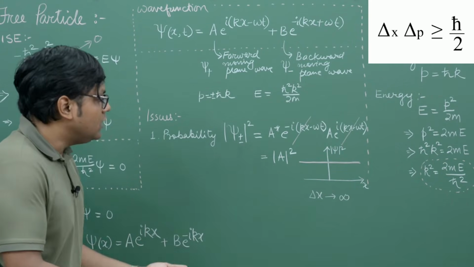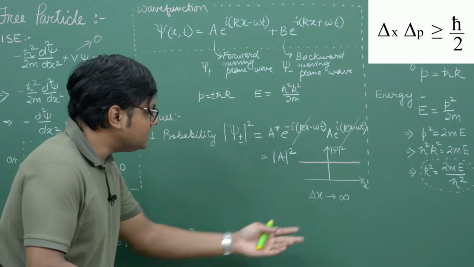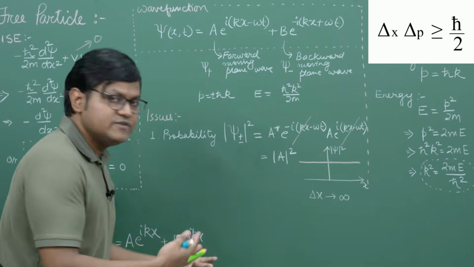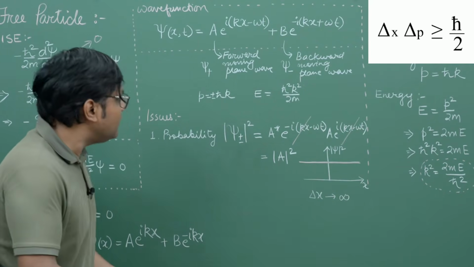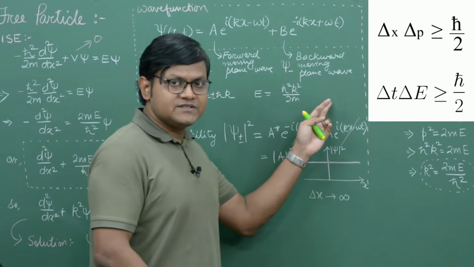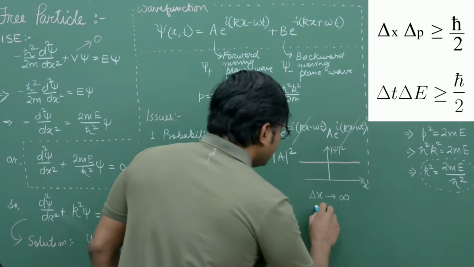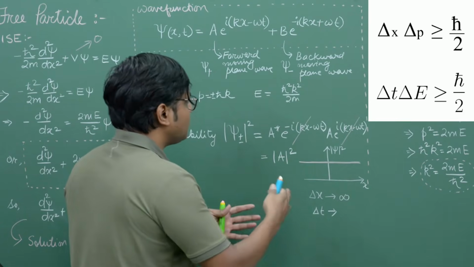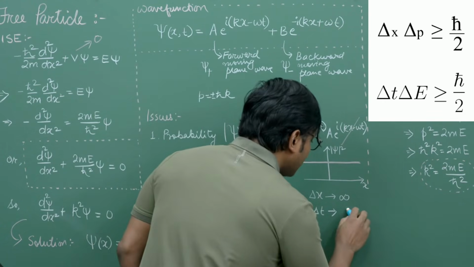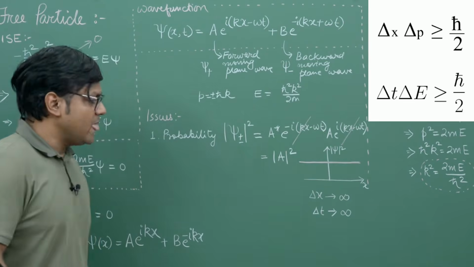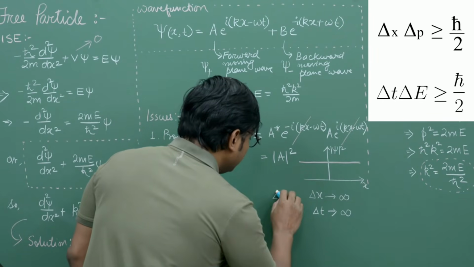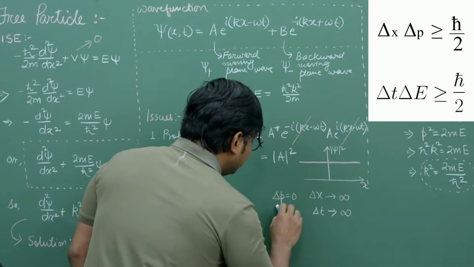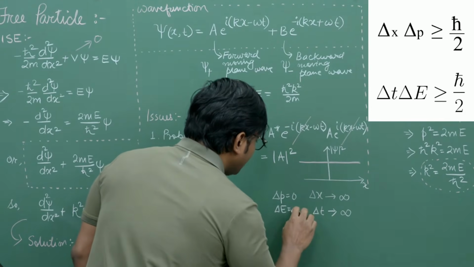We have no information about the particle's spread in terms of its position, right? Similarly, because the energy is fixed, we have no information in terms of the change in the particle's probability density with respect to time. So even del t tends to infinity. This happens because del p is equal to 0 and del E is equal to 0, right?